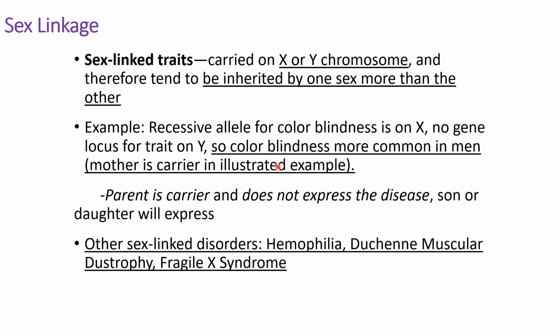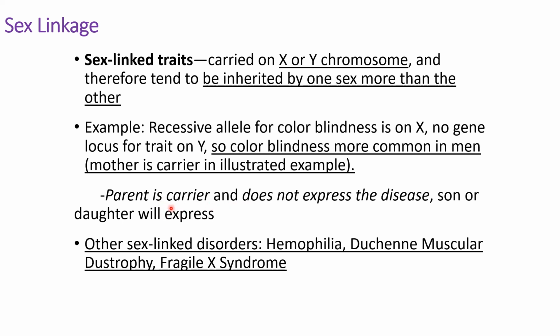So the resulting offspring, if it is a male, because male is made of X and Y, female is made of XX. So if a mother gives birth to a son, and that son does end up expressing this recessive allele on their X, they will express color blindness. So color blindness is often carried by the mother but expressed by the son. If the mom has a daughter, the daughter will not express it because she doesn't get a Y chromosome.